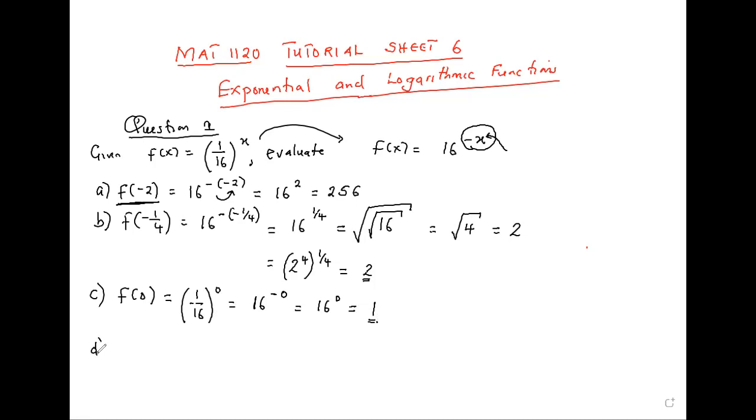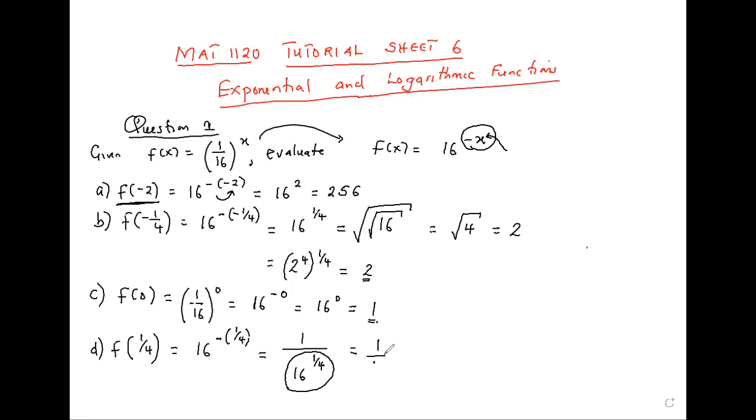So we can go to d, f of positive 1 over 4. So this is 16 to the power negative 1 over 4, which is like 1 over 16 to the power 1 over 4. Remember, we have found this one to be 2.